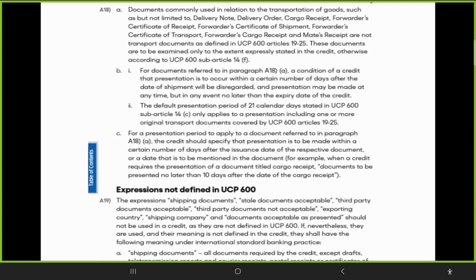So mate's receipt is a tentative document which is issued by the captain to the shipper. It gives you the details of the shipment, as to when it is onboarded, what is being collected from you, all those details will be there. But if you treat that as a transport document and try to take the delivery of the goods at the destination, you will not be able to. They will not allow you because it is not a transport document on its own. Based on that, another transport document is actually issued at the back end.